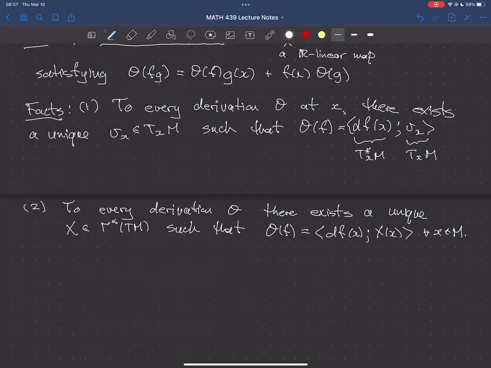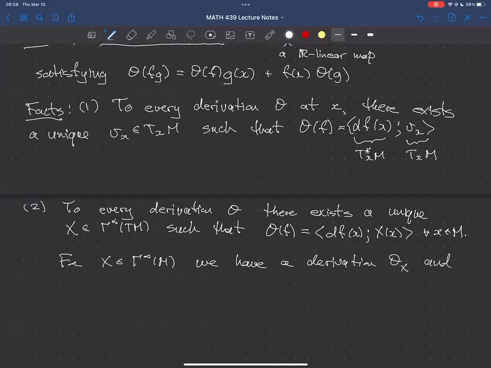So a vector field is an operation on functions. What we know then is that for X in gamma infinity of M, we have a derivation theta sub X, and theta sub X is simply defined by that formula.